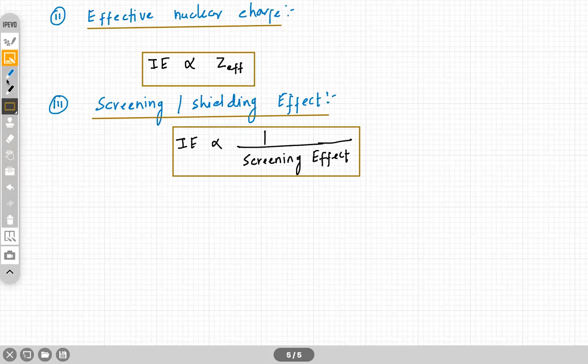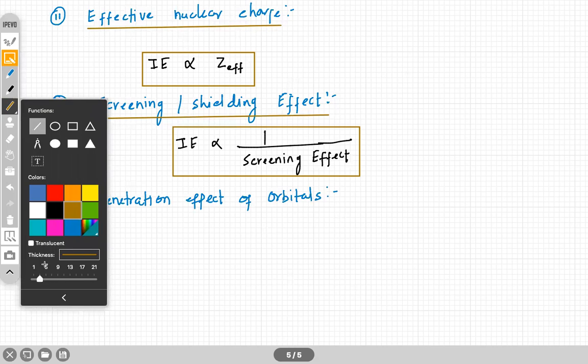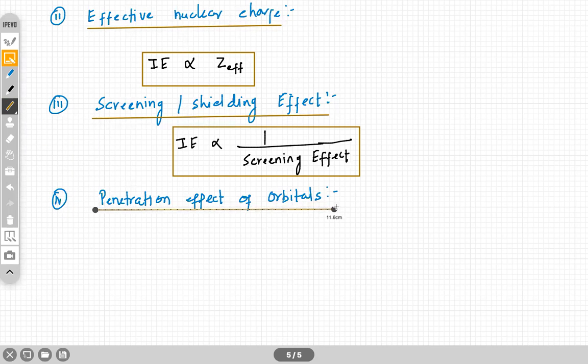Next, fourth one, write down the penetration effect of orbitals. Okay, write down this.